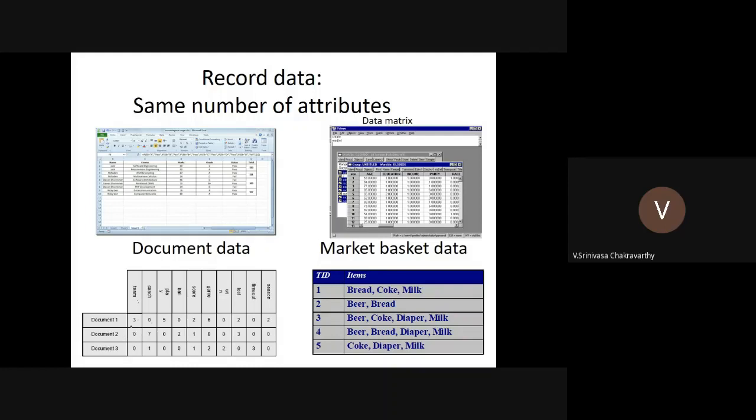This set of numbers, which represent the number of occurrences of these particular keywords, gives a very nice profile of the document with respect to that class of documents. So you are basically looking at documents through the lens of certain keywords which represent a certain topic.